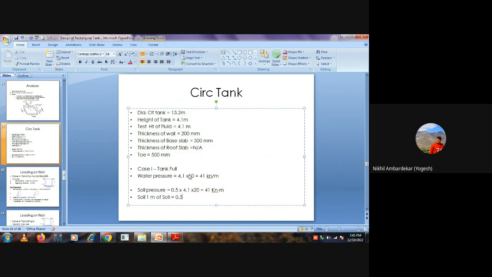How much will it come? 0.5 into 1 into 20, that is 10. This is not a moment. Okay, so this is our loading.